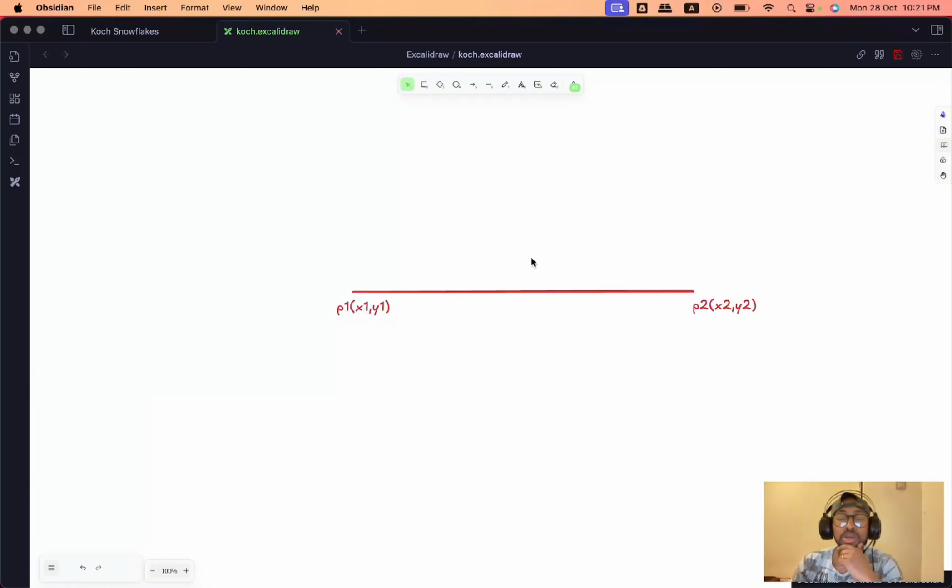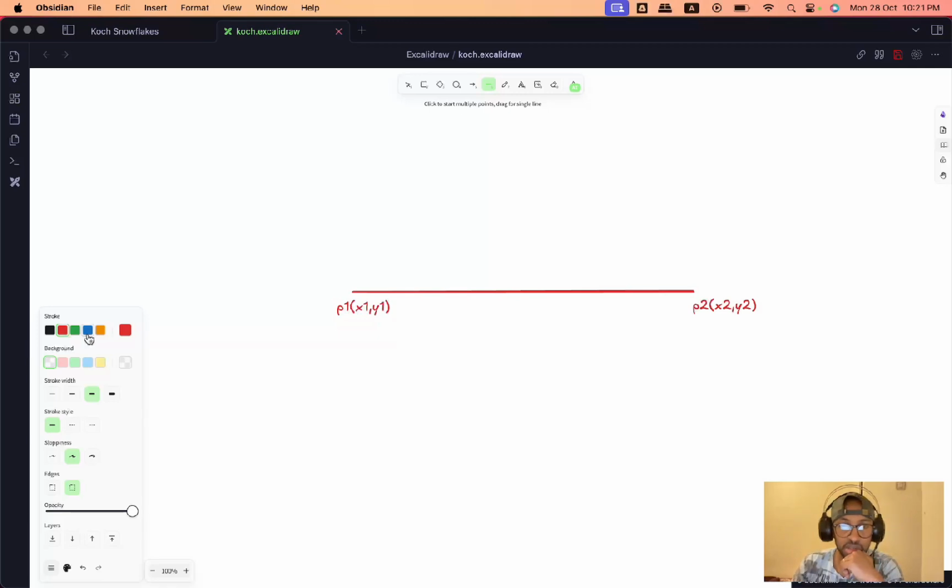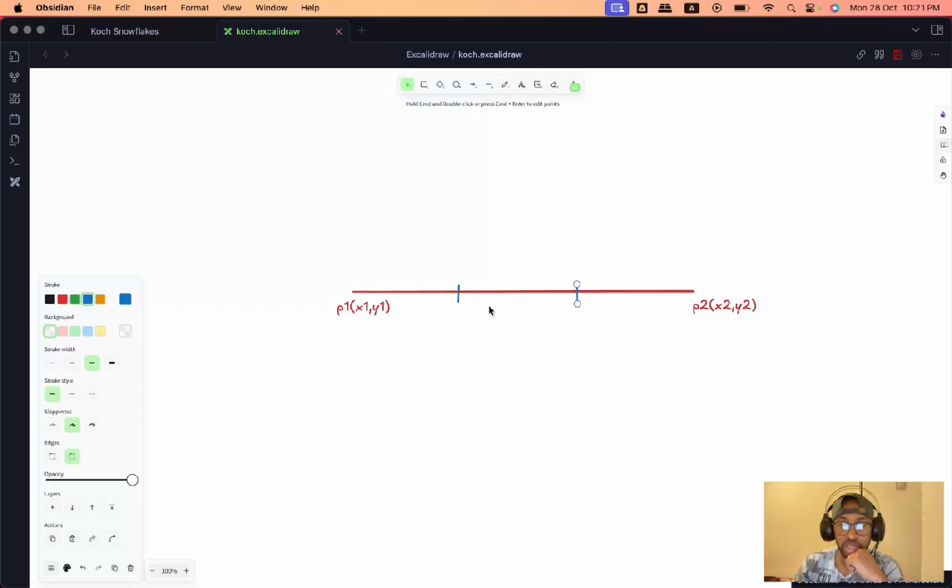Now the first step is to divide this segment into 3 equal segments. For example, let's say we want to divide it here and here. So now we get another 2 points.